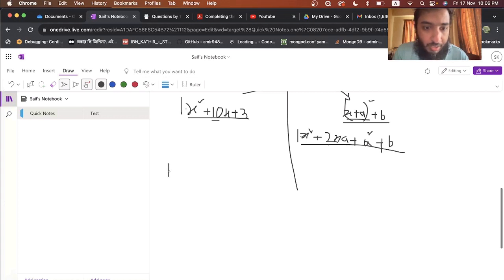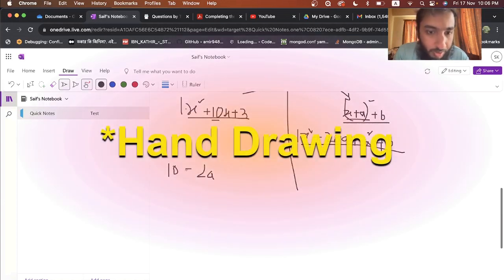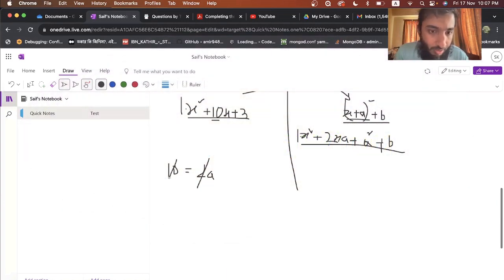On the left hand side I have 10 and on the right hand side I have twice a. Sorry, my handwriting is very poor. So if I equate these two, I can find a is what? 5. So the value of a is 5, right?